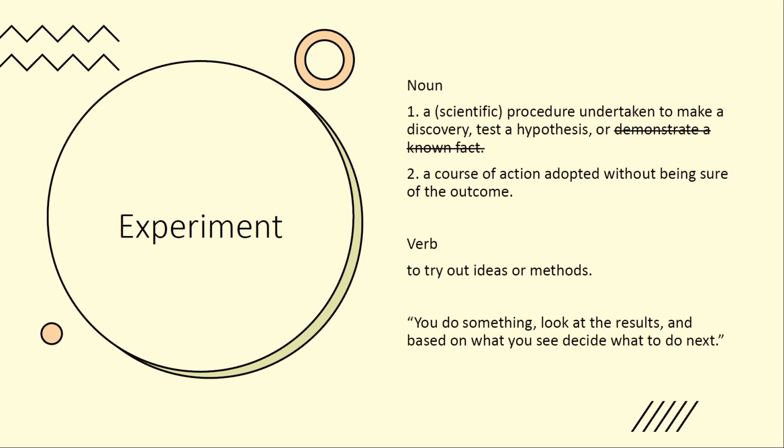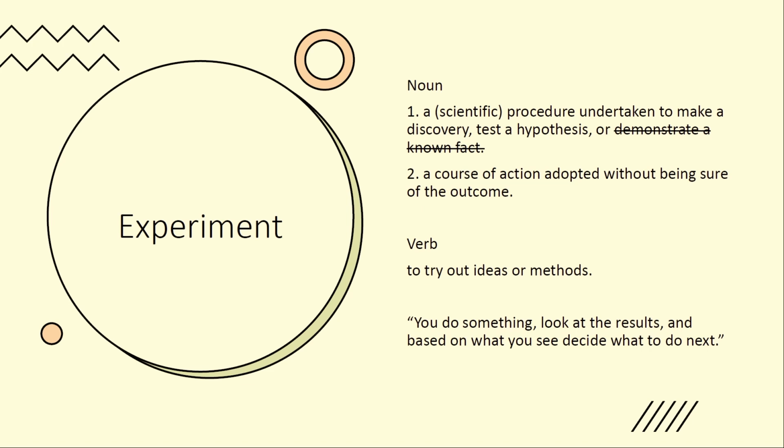We experiment to discover things in art making. We also experiment to find out if an idea that we had about how certain materials might respond actually corresponds to what happens when we use those materials. So that's a kind of way of testing a hypothesis.